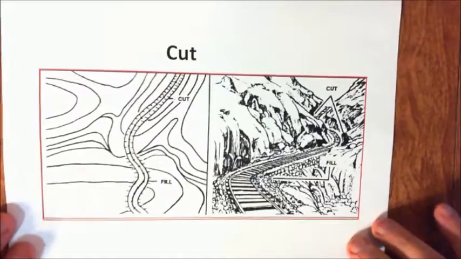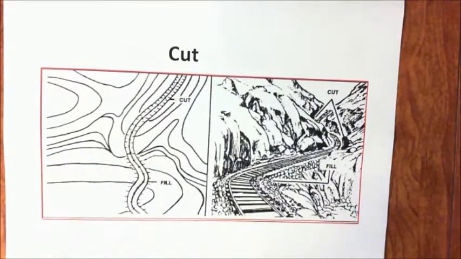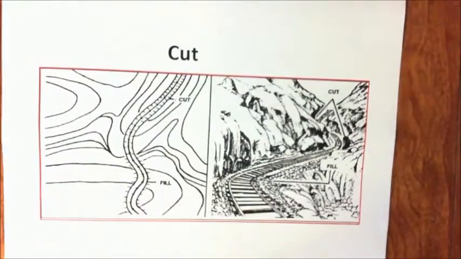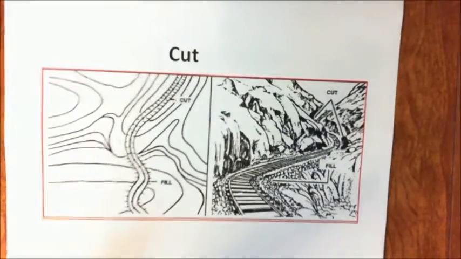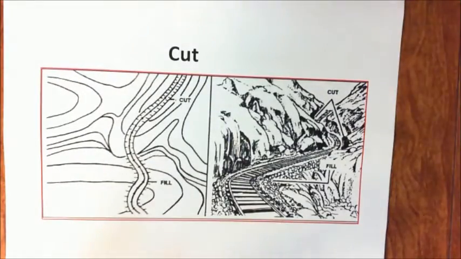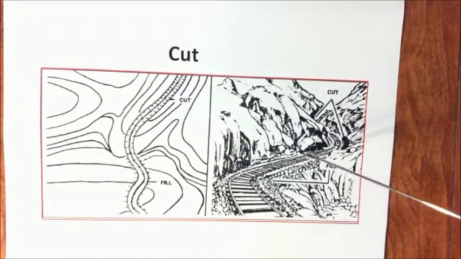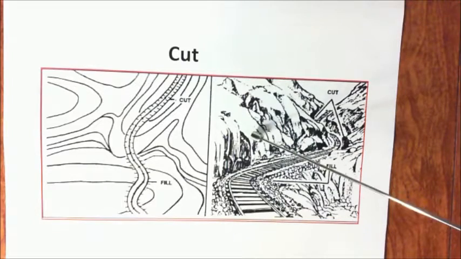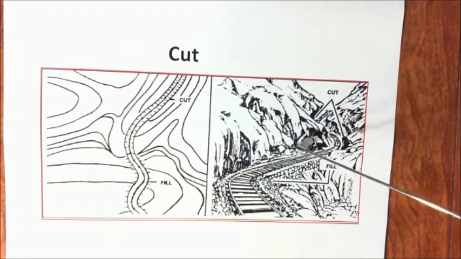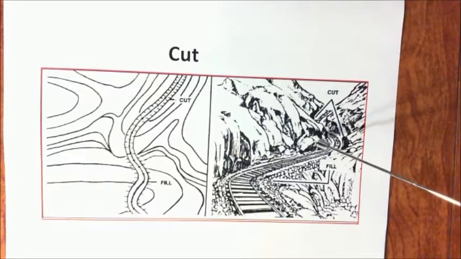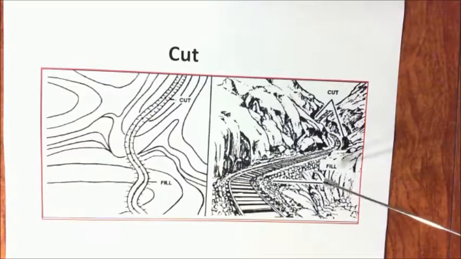Now a cut. This is not officially a major or minor terrain feature, but it's still relevant. So here, to get this railroad through the mountains, they had to cut away some mountains, and they had to fill in a valley.